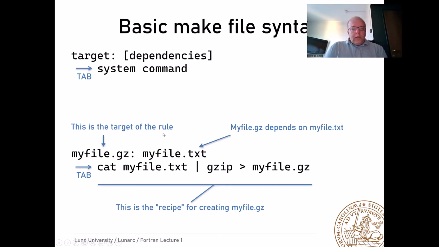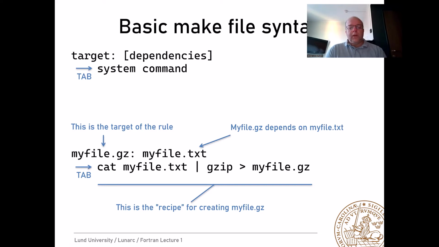Just to illustrate a simple example here: this is a rule to build a .gz file, compressing a file. To achieve this file, we have a dependency. We need the uncompressed file, myfile.txt, which is the file we want to compress. To achieve this, we can use a command line on Unix here.